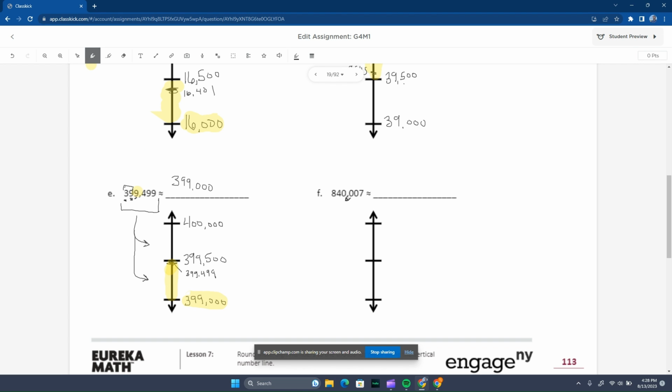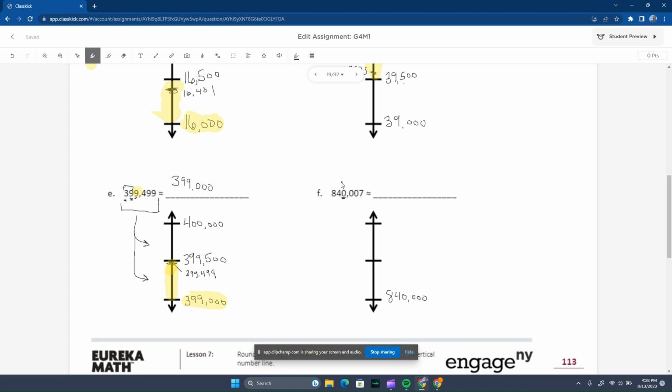Here we have 840,007 being rounded, so we have a 0 in this thousands place. So the 8 and the 4 are really just coming along for the ride. So 840,000 is my lower thousand, and the next thousand would be next.